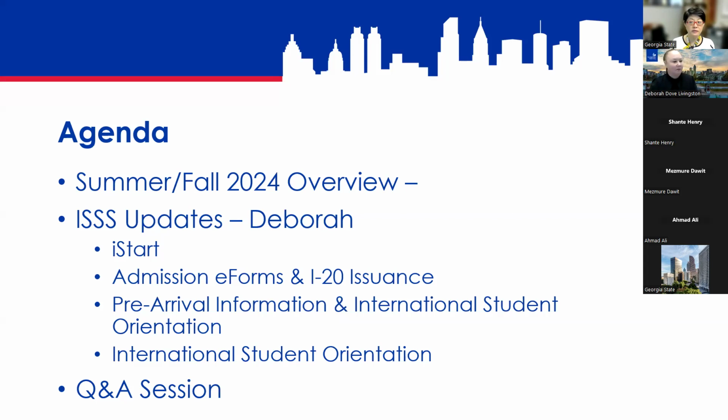So again, today is our second admitted students event. We're going to be hosting a series of admitted students events for summer and fall. This month, we already had one last Thursday, focused on cost and scholarships. Today's topic is focused on immigration and the I-20 process. Of course, at the end, we will answer more questions you have.